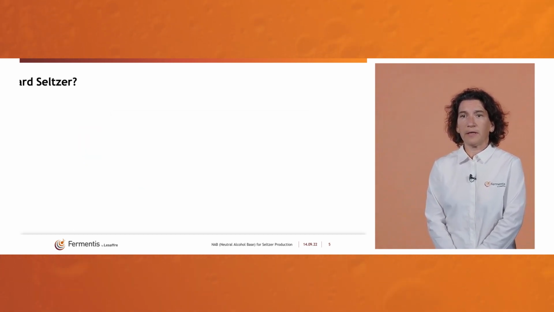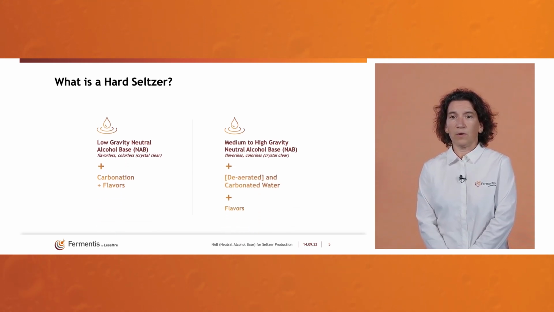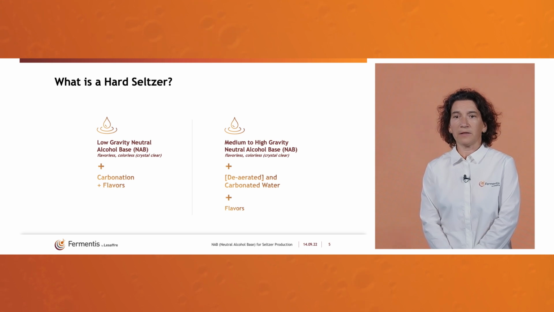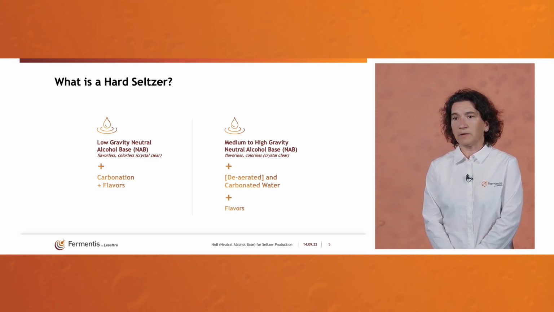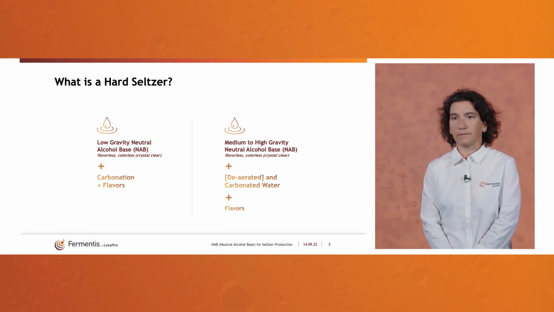So, to obtain a hard seltzer, you can have a low gravity neutral alcohol base without flavor, without color, and add carbonation and flavors. Or you can have a medium to high gravity neutral alcohol base without flavor, without color, that will be diluted with deaerated and carbonated water and added with flavors.